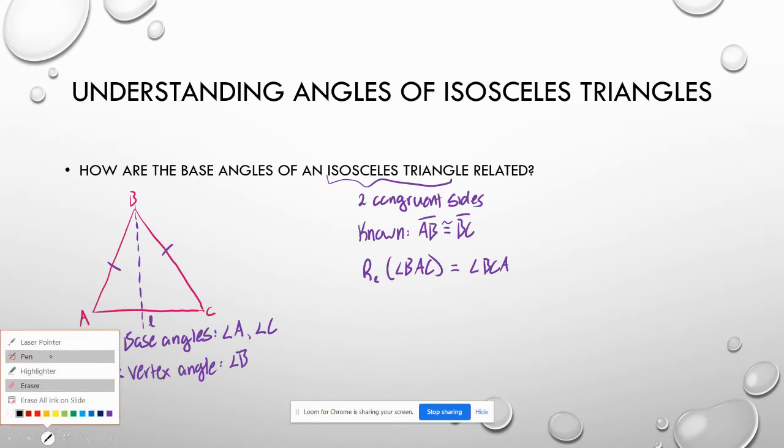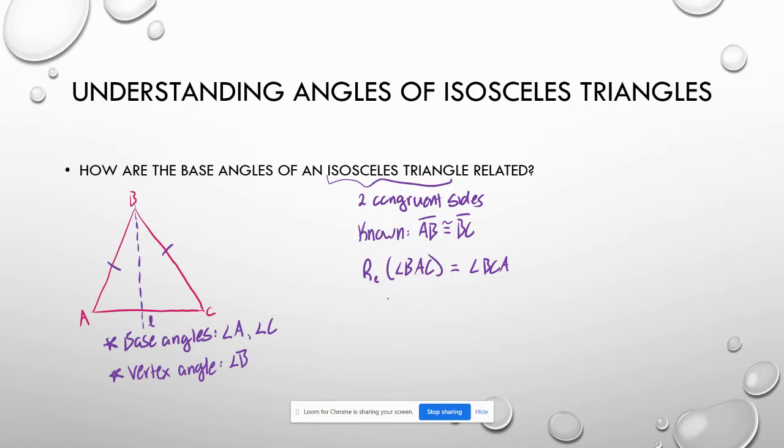So since that reflection lines up, that means that angle BAC is congruent to angle BCA. So when we have isosceles triangles, the base angles are congruent.